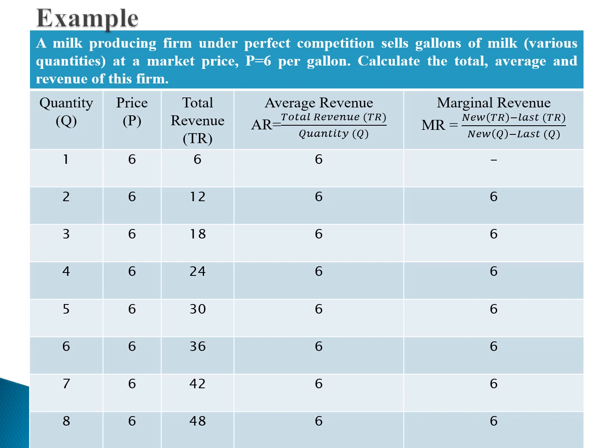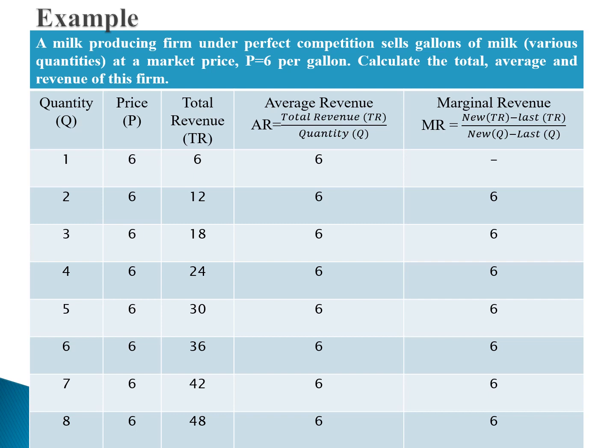Keeping the price the same, if the quantity sold increases, it becomes 6 into 2, 12. In this way, we can see that the highest revenue is earned when 8 gallons of milk are sold, and 8 into 6 becomes 48. This is the highest total revenue in this table.